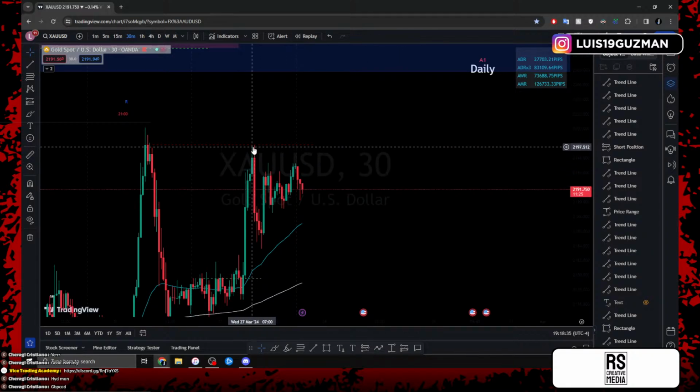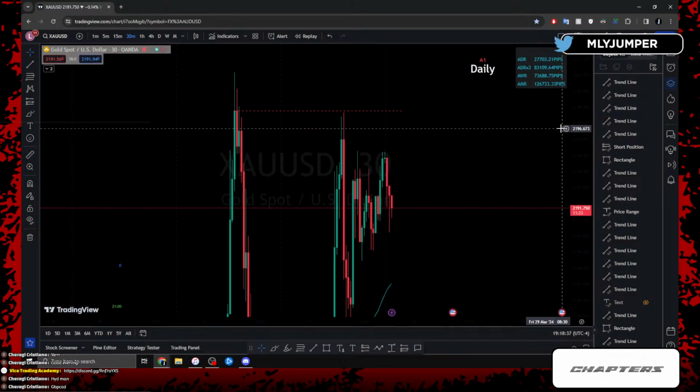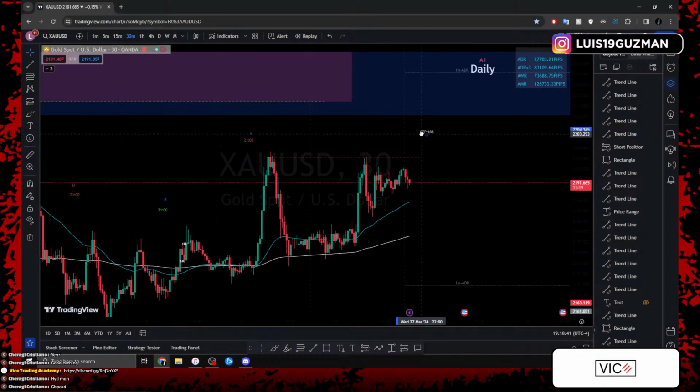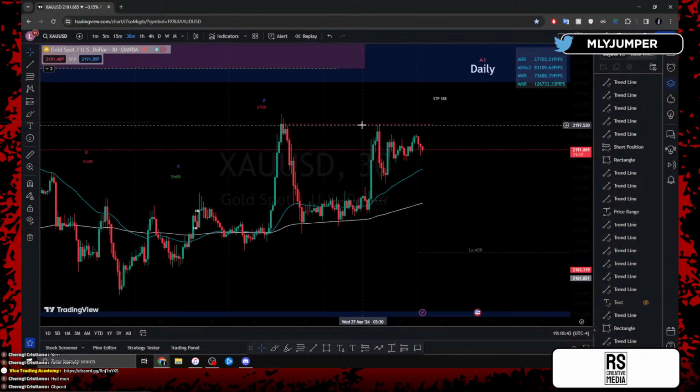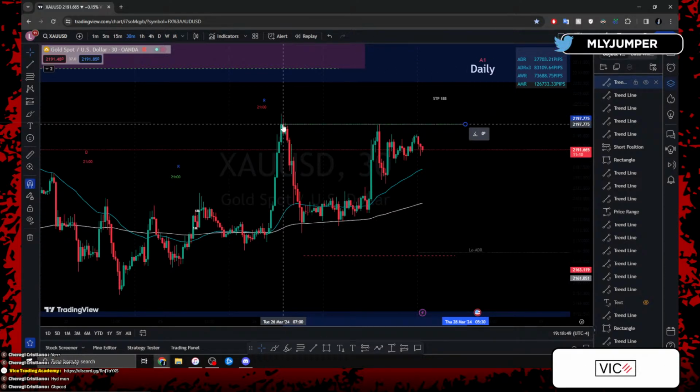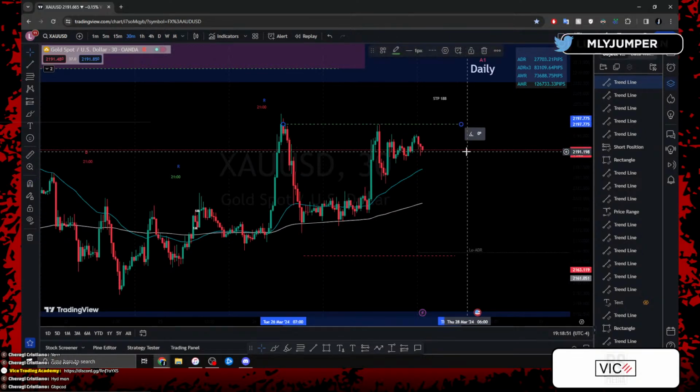It missed the high by a little bit, by a fraction of a pip, so I could be expecting price to go up again today, right? Nonetheless, we have this high up here that price needs to break, or retest. I mean, break or reject, right?